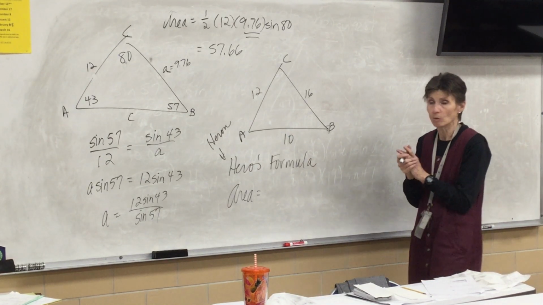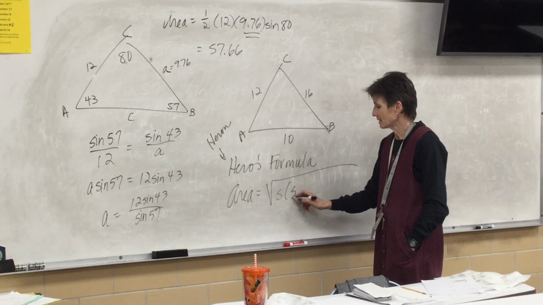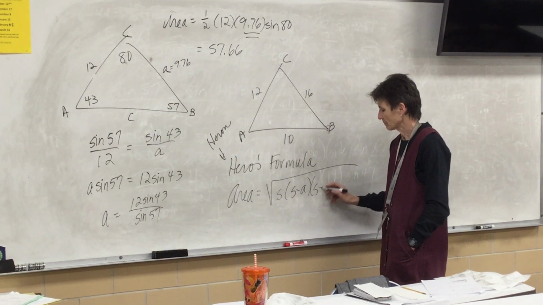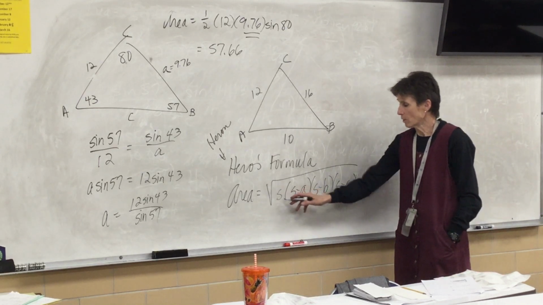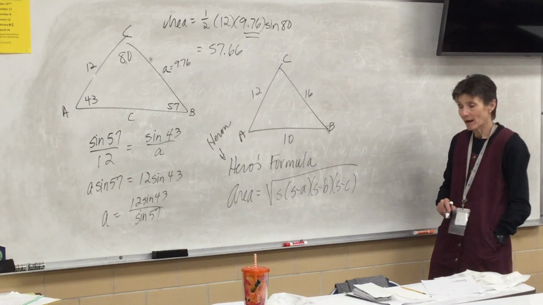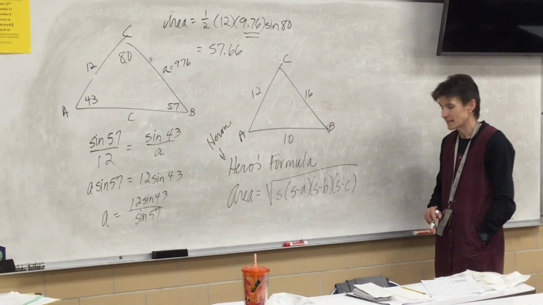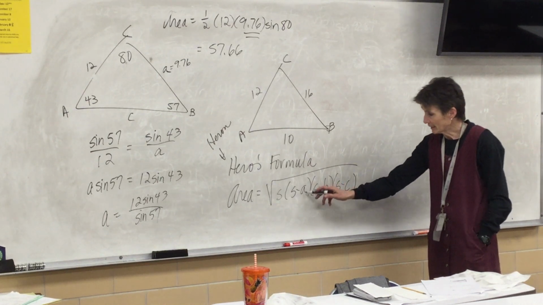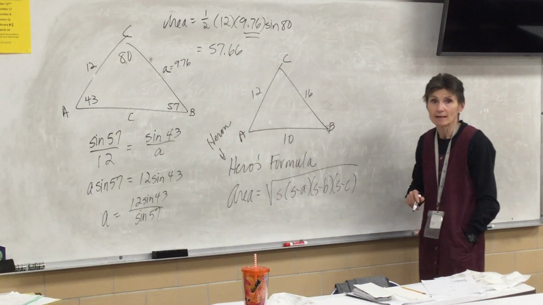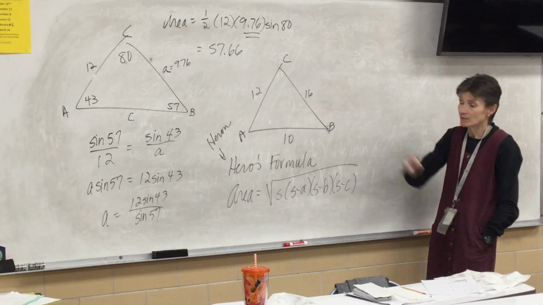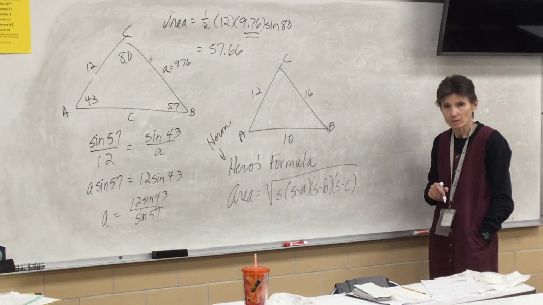But if you do know all three sides, the area can be found using this little formula. So 4 things underneath that big radical. There's an S, S minus A, S minus B, and S minus C. Now, the little a, little b, and little c are the sides of this triangle. So 10, 16, and 12 are your A, B, and C, and the order doesn't matter, okay?